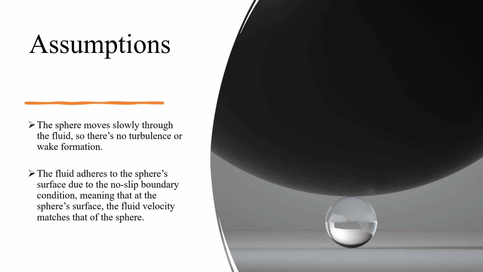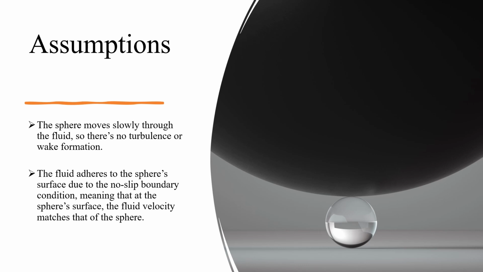Second, he applied the no-slip boundary condition. The fluid at the surface of the sphere moves at the same velocity as the sphere itself. This is a fundamental assumption in fluid dynamics and tells us that the fluid is effectively stuck to the surface of the object.